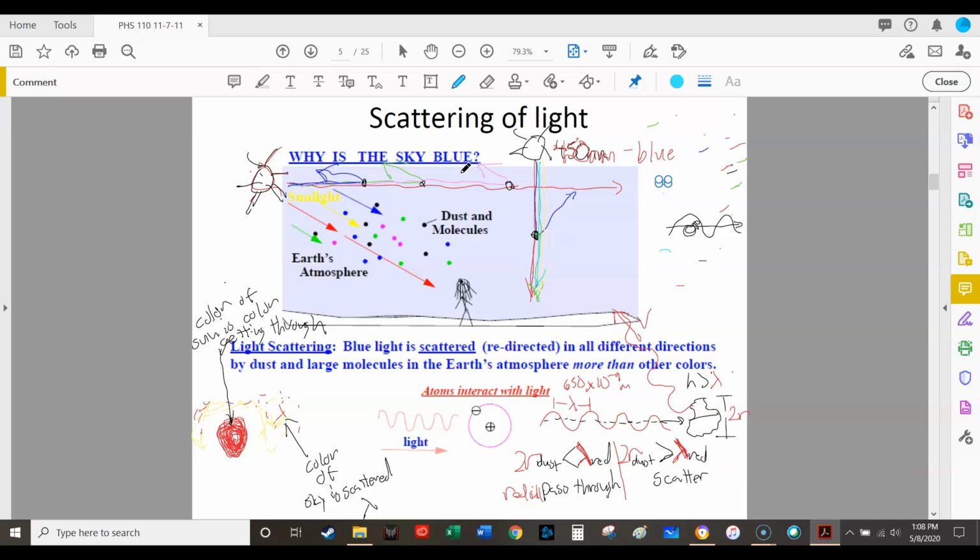So that's kind of what's happening. What's really happening on the atomic level is a light ray is actually hitting an atom, right? And it's being absorbed by that atom at certain wavelengths, right?